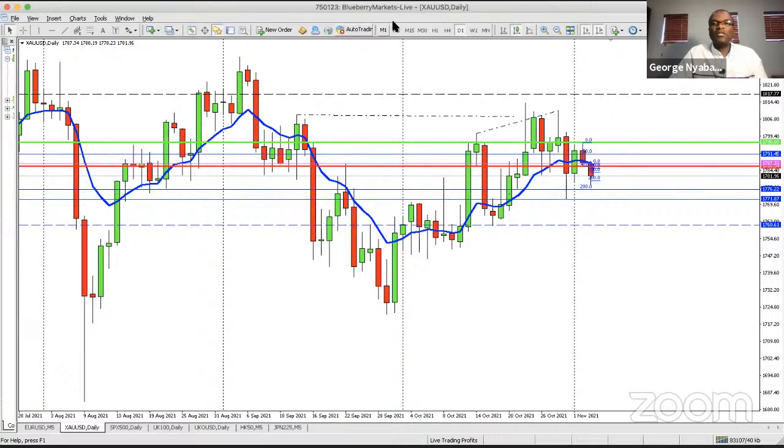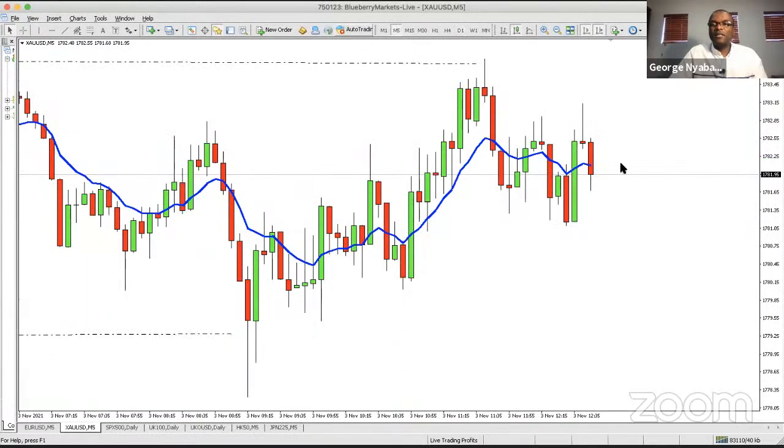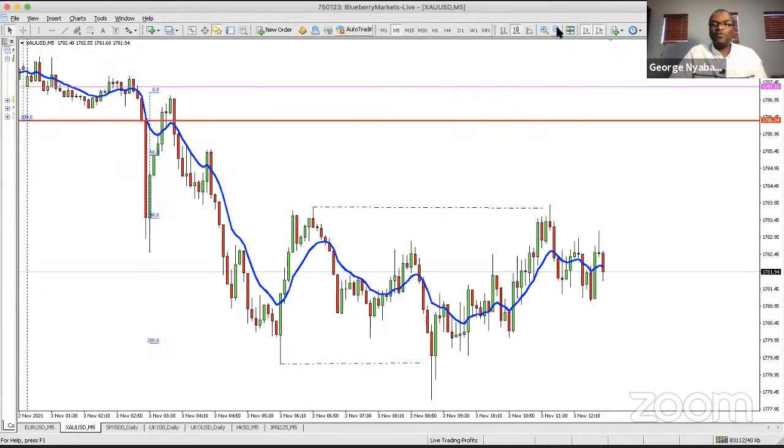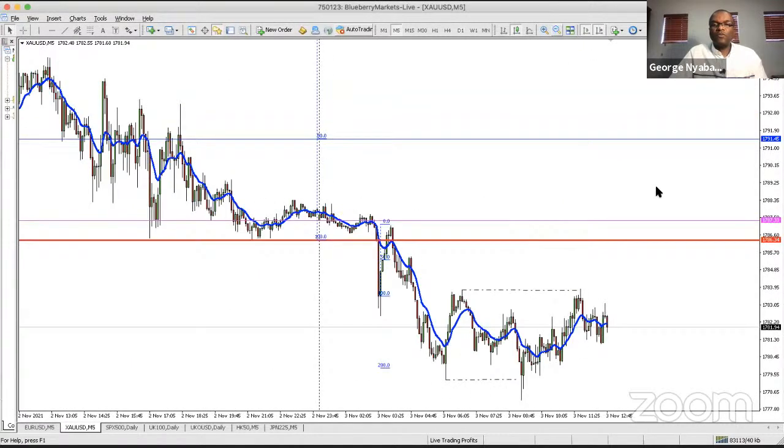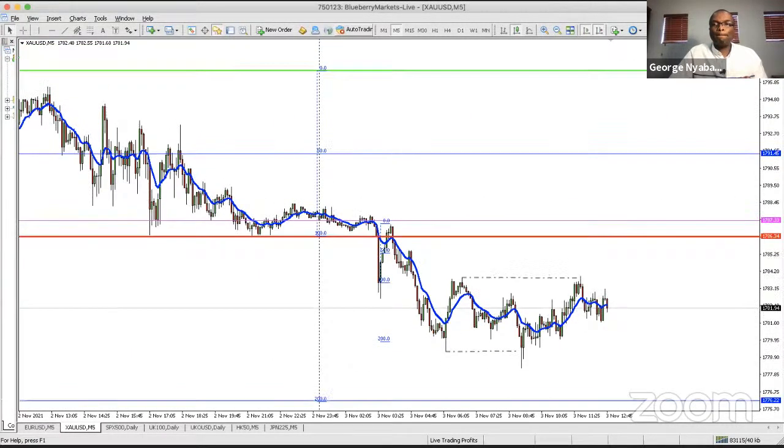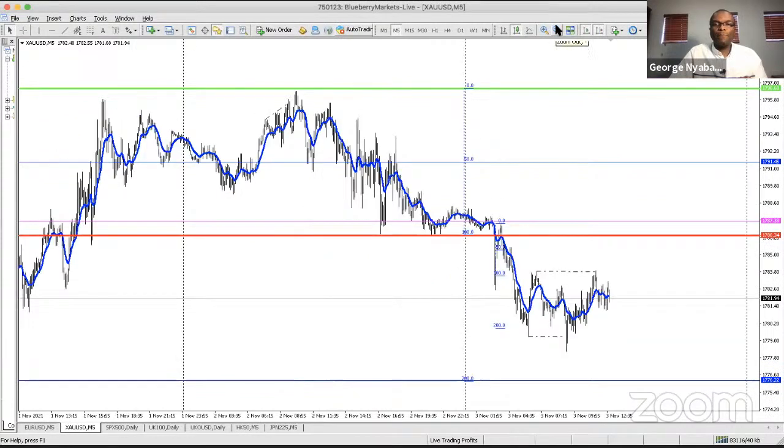Now, let's just go into the 5 minutes, get a bit more clarity because of everything that we've marked on that. So hopefully some of this stuff in the way that we look at the charts is gradually and slowly becoming easier to work with.